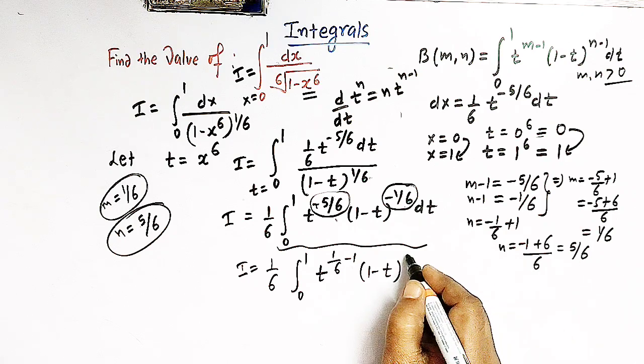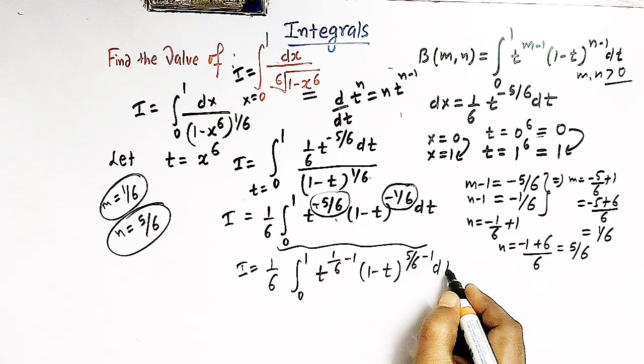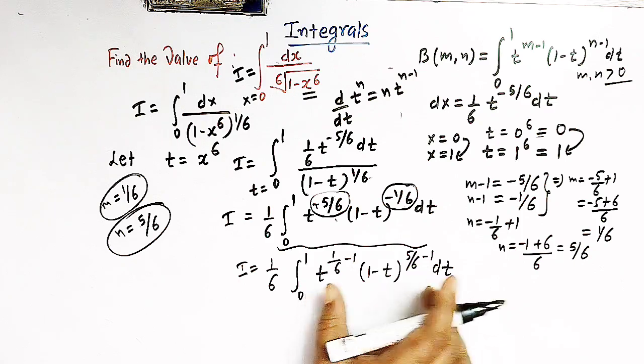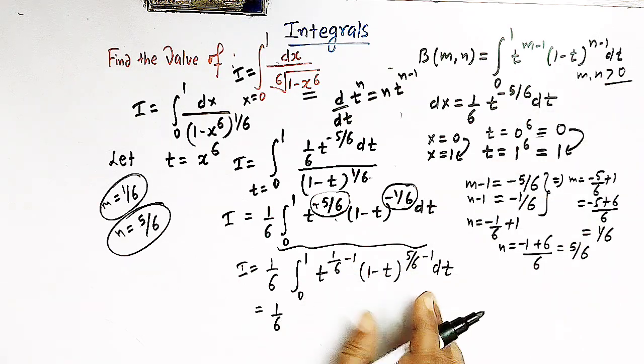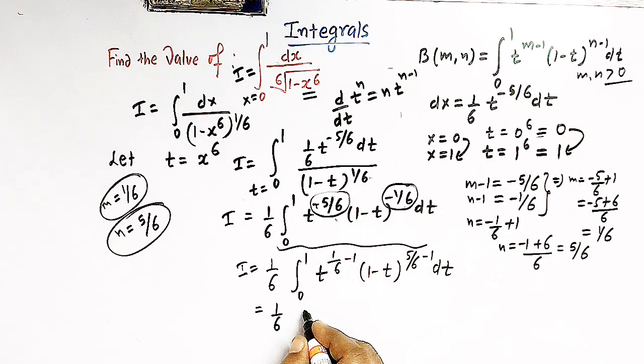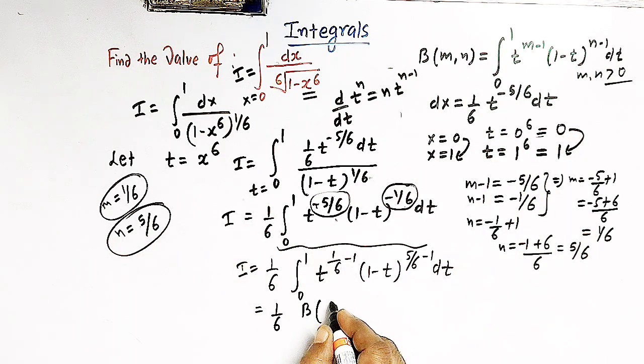So we have n as 5 over 6, minus 1, and dt. So now this integral is exactly similar to this one. So we can now replace this integral by the beta function. So we have beta m comma n. M is 1 over 6 and n is 5 over 6.